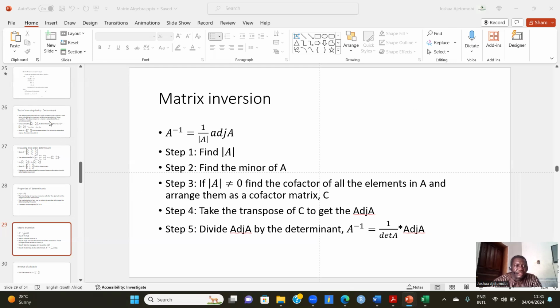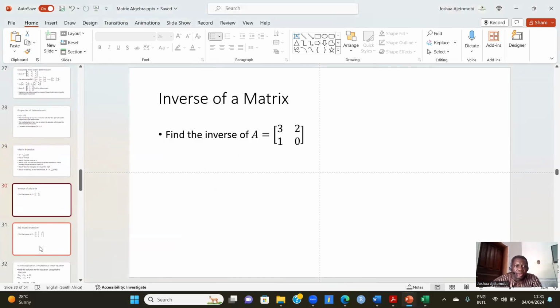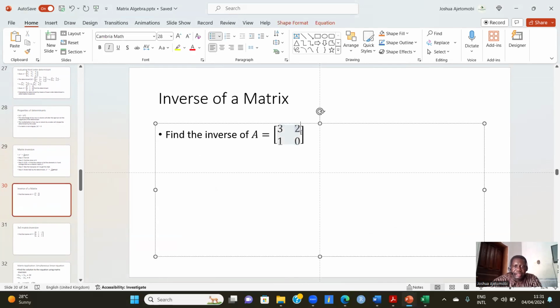So let's try to go through an example. In this case, we want to get the inverse of this matrix A, which is a 2 by 2 matrix. Let's follow the procedure.